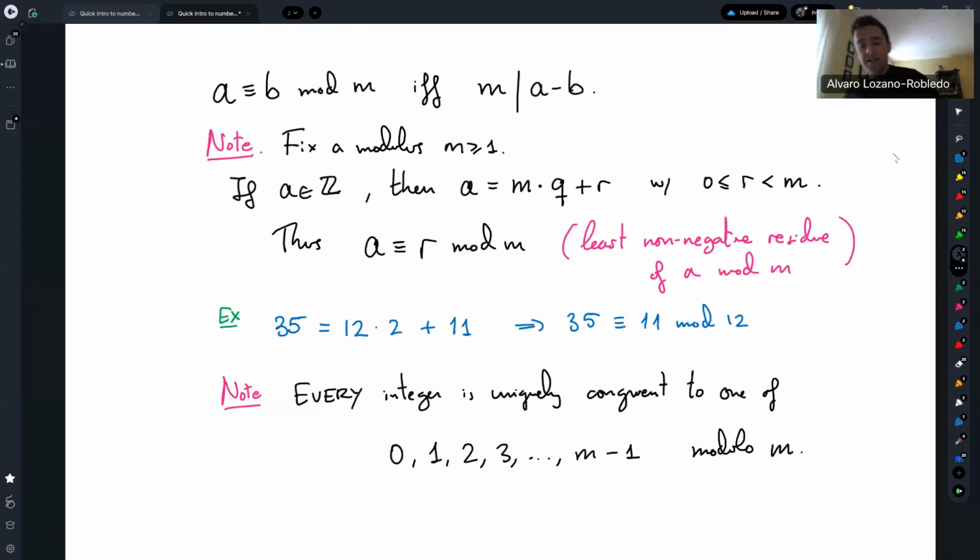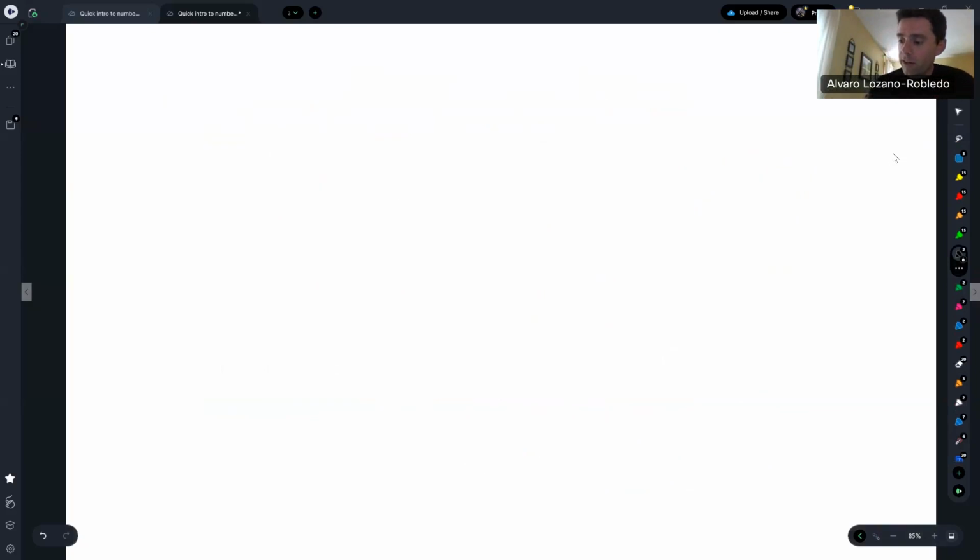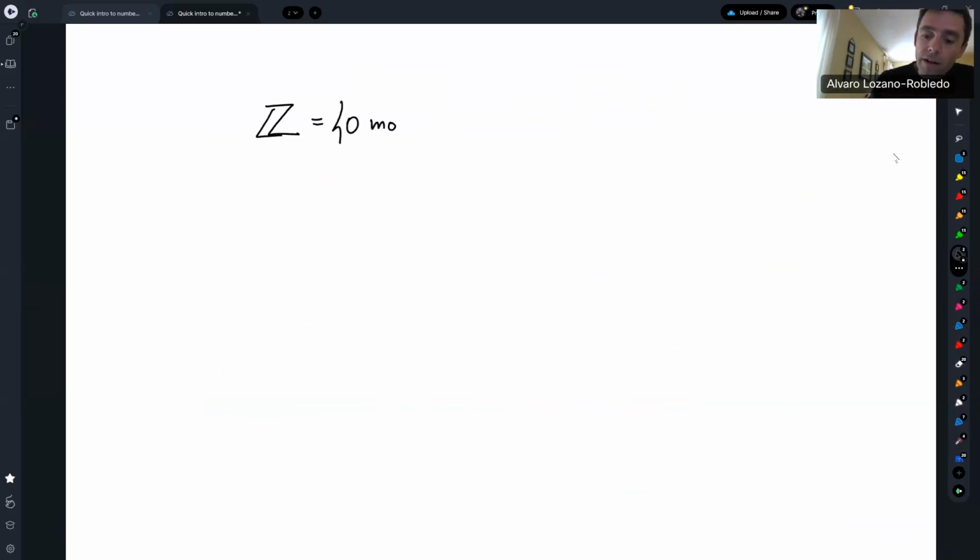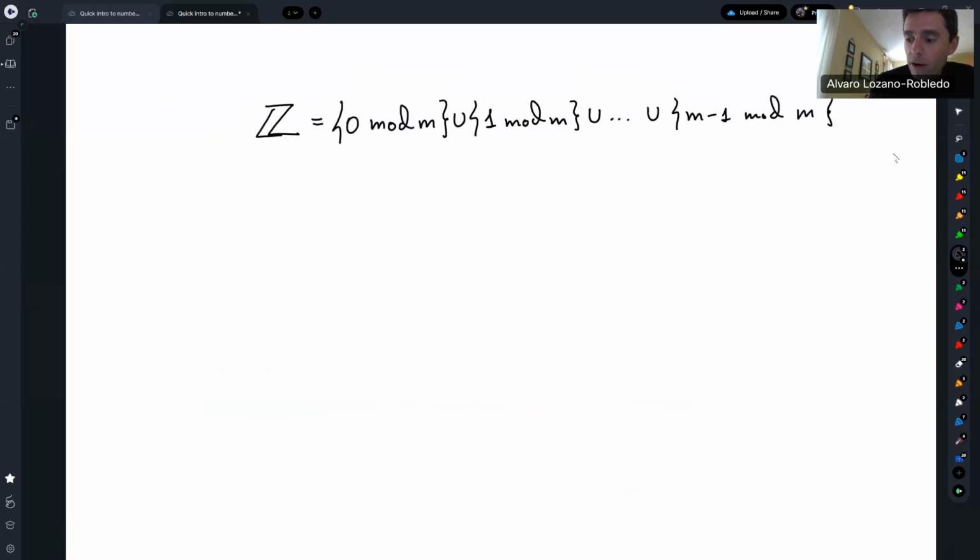And what that means is that the congruences partition the integers into a finite number of subsets. So the upshot is that the integers are partitioned into the set of numbers that are 0 modulo m, union the set of numbers that are 1 modulo m, union all the way up to the numbers that are m minus 1 modulo m.